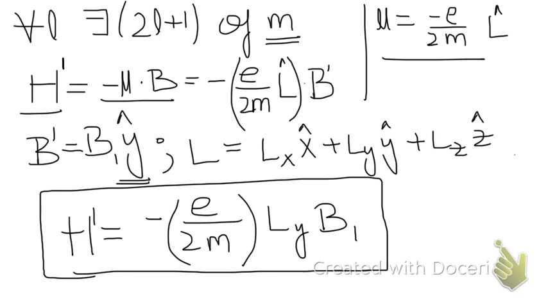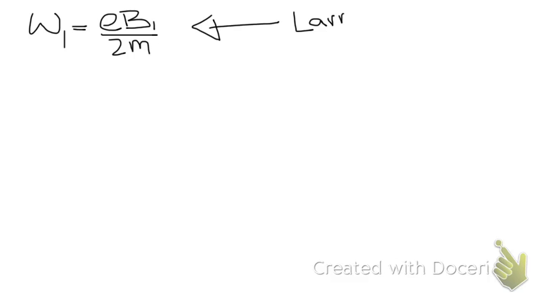So I'll do that on the next page now. So now let's write our Larmor frequency as omega 1 being equal to e B1 over 2m. So this frequency over here is called the Larmor frequency. For those who do not know what Larmor frequency is, very shortly, it is just the frequency of the precession which is related to the strength of the magnetic field applied.